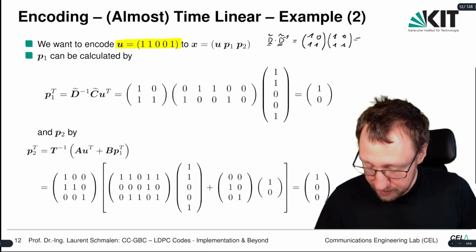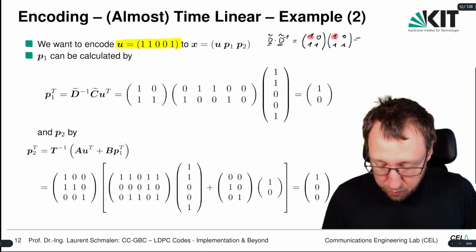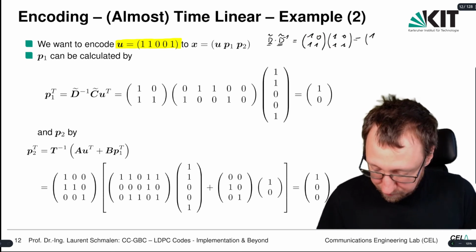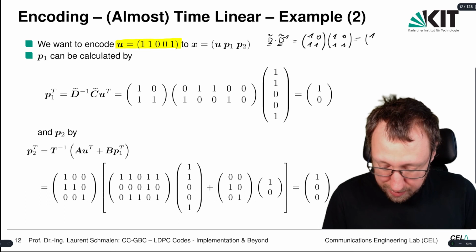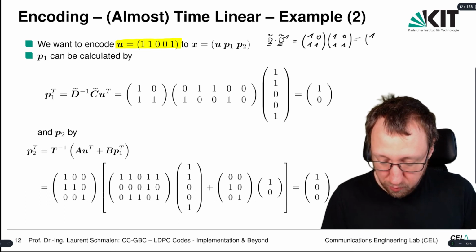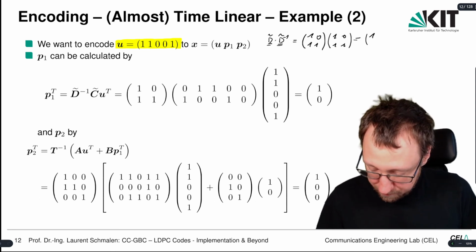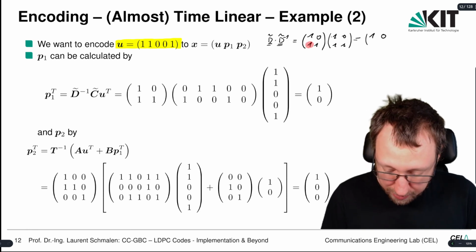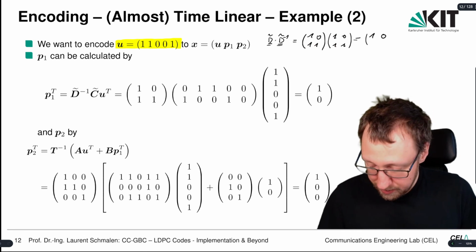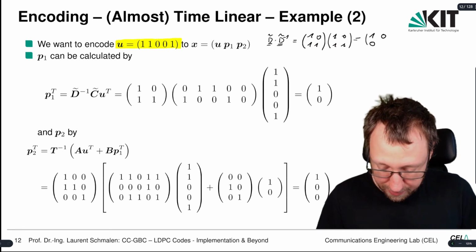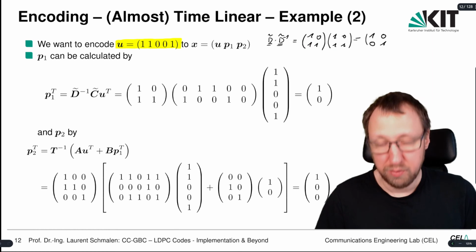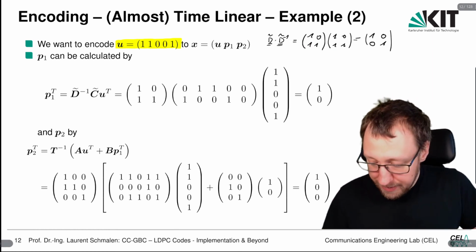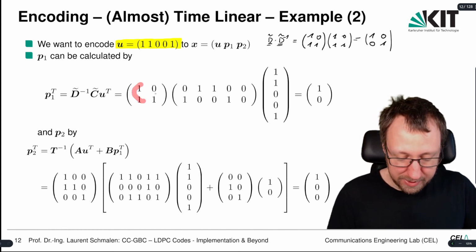Because if we do this, we have 1 times 1 plus 0 times 1 is equal to 1. 1 times 0 plus 0 times 1 is equal to 0. We have 1 times 1 plus 1 times 1 is equal to 0. And then we have 1 times 0 plus 1 times 1 is equal to 1. So we get the identity matrix. So that's D tilde to the power minus 1.